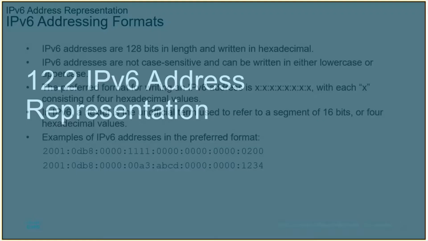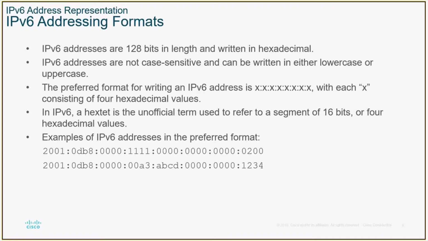Okay, so IPv6 representation. So, of course, as we've said before, IPv6 addresses are 128 bits in length and are displayed in hexadecimal. IPv6 addresses are not case sensitive, and so there's no difference between a capital or a lowercase A through to F, no difference at all.